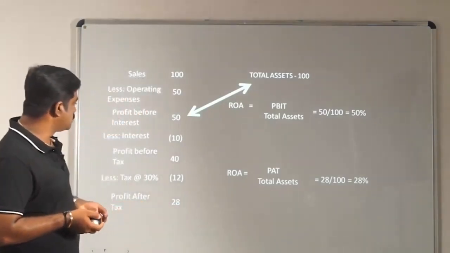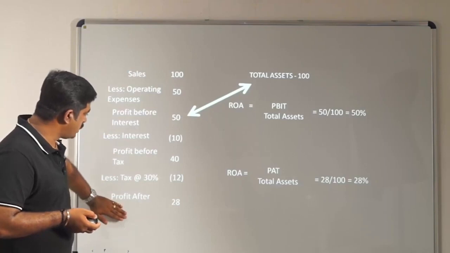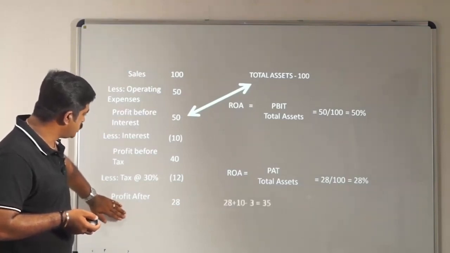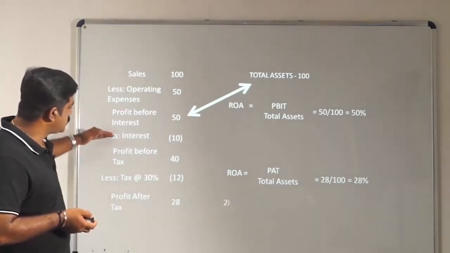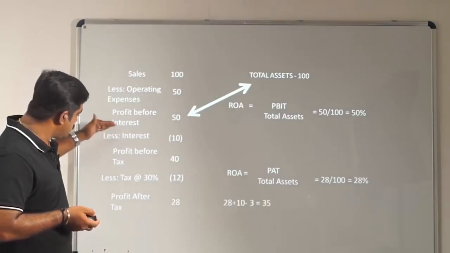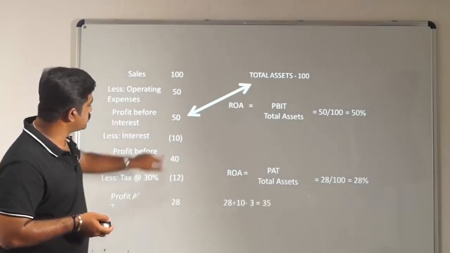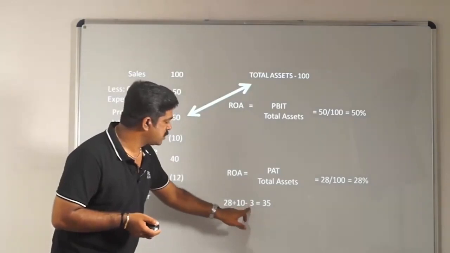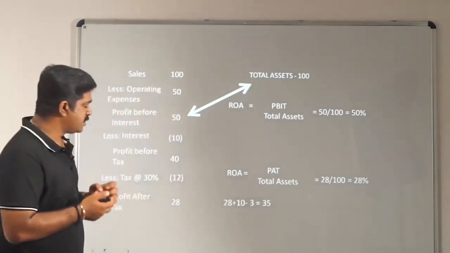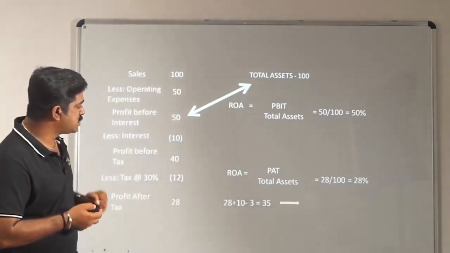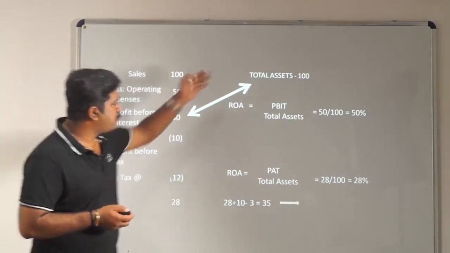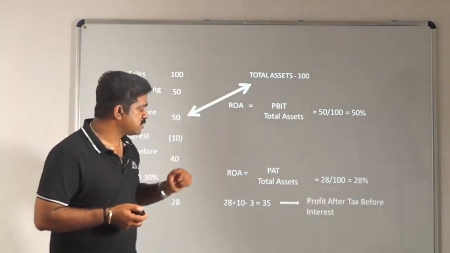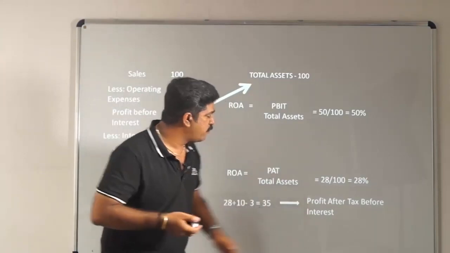Let's see the third scenario. In the third scenario, we'll take profit after tax of 28. We'll be adding back interest of 10, and the tax rate is 30%. So 30% into 10 is 3, that is subtracted. So what we have as profit is only 35. Now this profit of 35 will be compared with total assets, and this is nothing but the profit after tax but before interest.